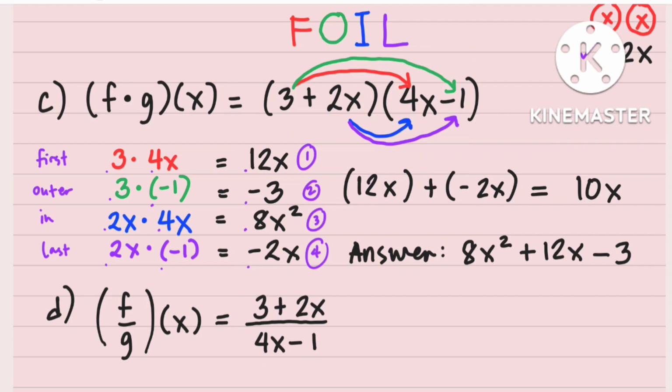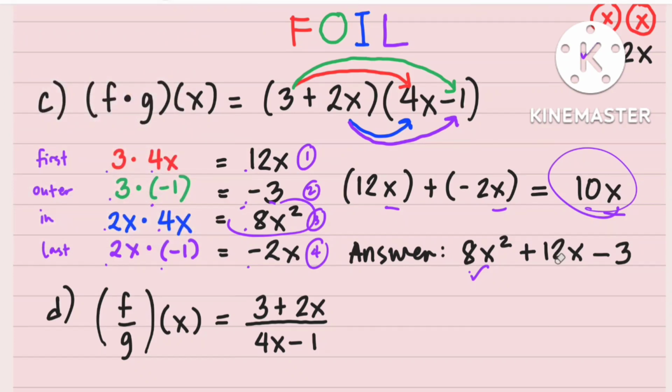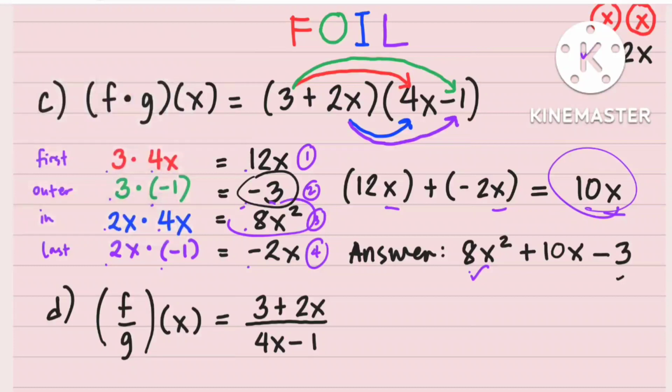I'm referring to 12x and negative 2x. And if we add 12x and negative 2x, we'll get 10x. So our final answer will be 8x squared plus 10x minus 3. So that's it. That is our answer.